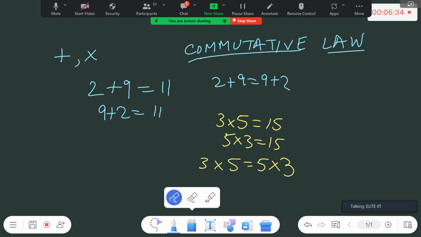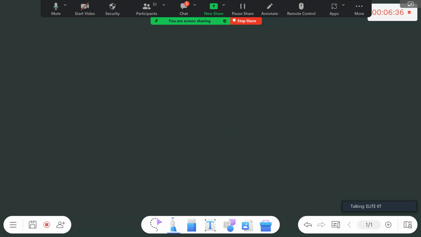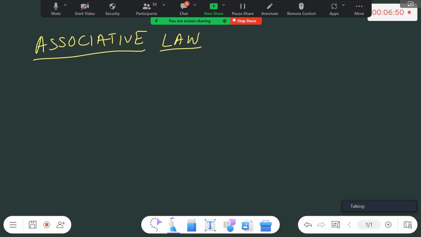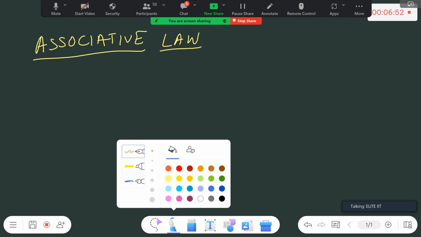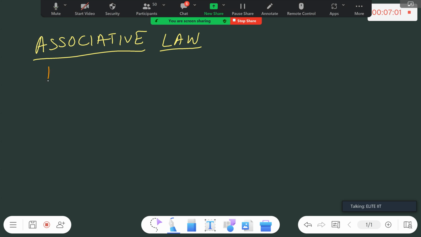What is associative law? You need to associate. Let us see what is associative law. Again we'll do addition and multiplication.